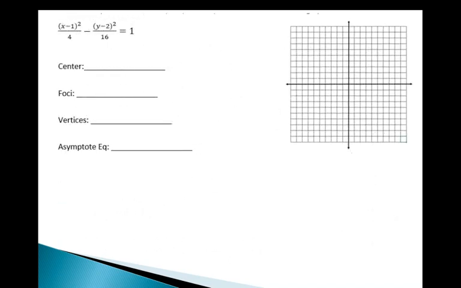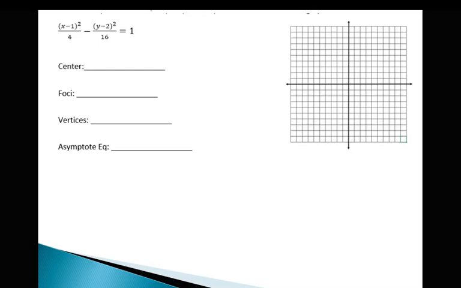So this is our hyperbola. How do I know it's a hyperbola? Because I have x squared and y squared, it's equal to 1, and there's subtraction going on. I also know it's a horizontal one, because x squared comes first. So we're just going to find our information just like we did with our ellipse. If you have your formula chart, you know your center's at h and k.